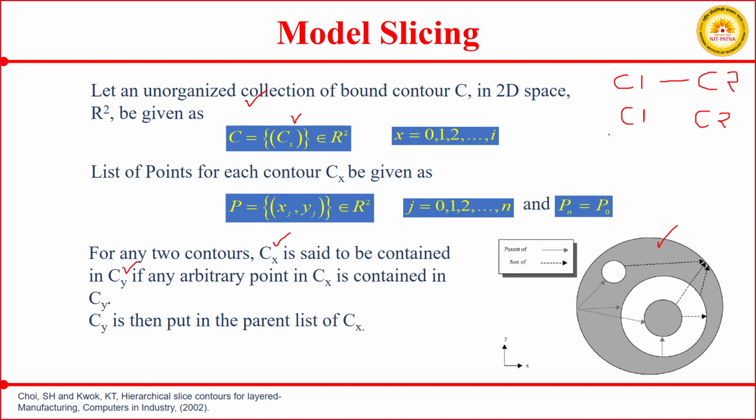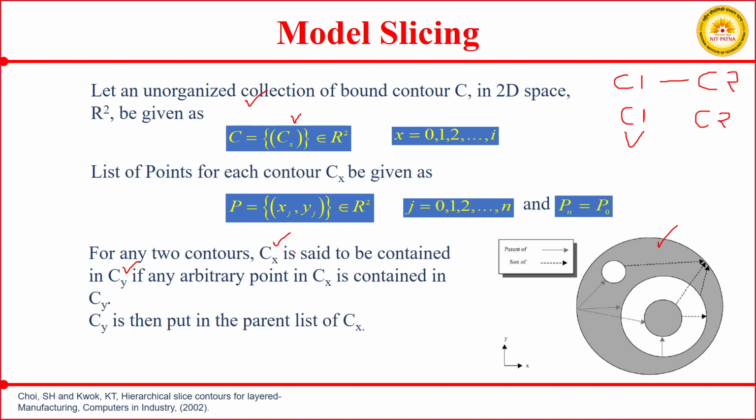There is another case where they both are not related, like C1 is nowhere related to C2. So how do we identify whether two contours like Cx and Cy are related or not, or who is son and who is parent of the corresponding contour?